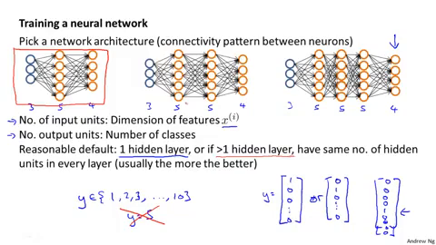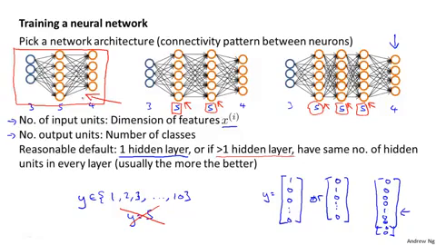So here we have 2 hidden layers, and each of these hidden layers has the same number, 5, of hidden units, and here we have 3 hidden layers, and each of them has the same number, that is 5 hidden units. This sort of network architecture would be a perfectly reasonable default.